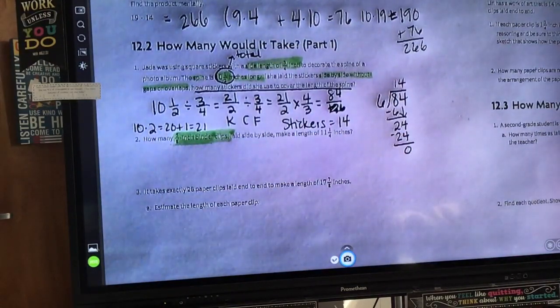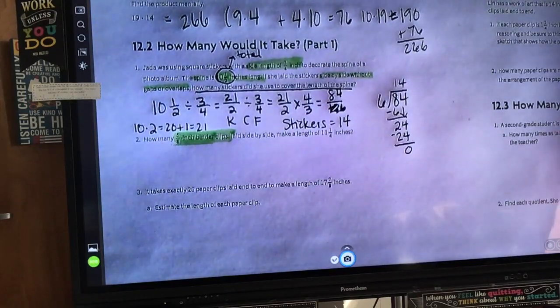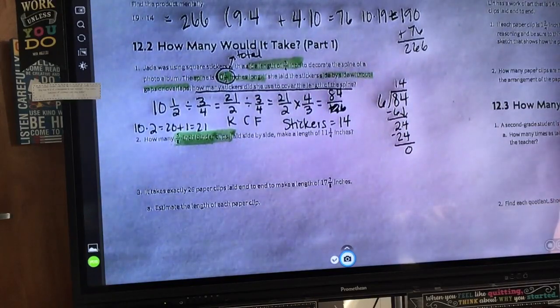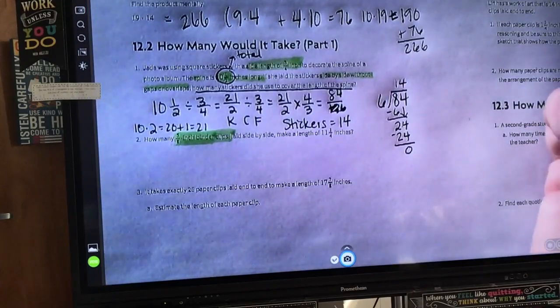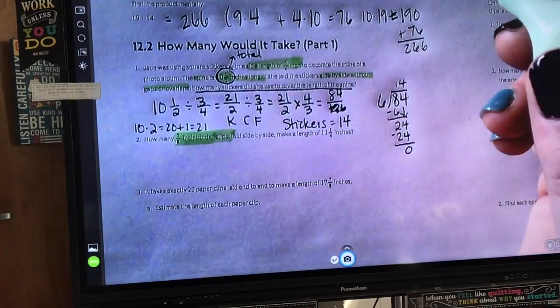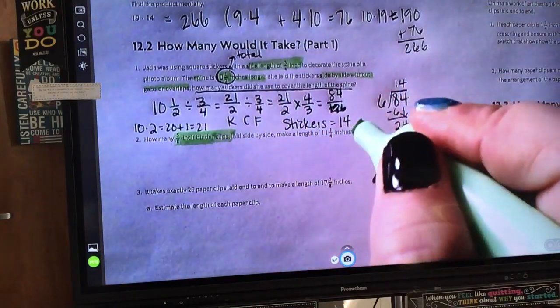Easy, Camden? I was telling you easy because you're shooting caps of highlighters everywhere. Is there anything important in that next part of the sentence, Camden, where it says laid side by side? Length of 11 1/4. We're not there yet.